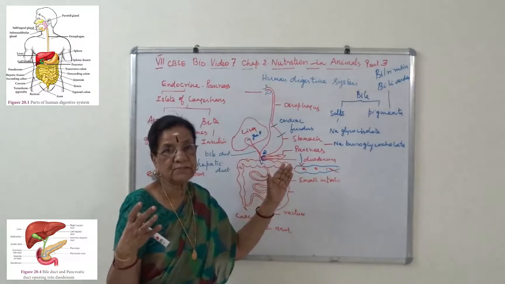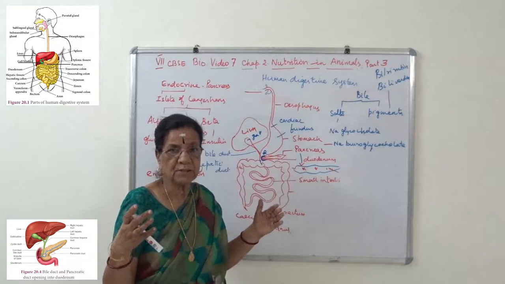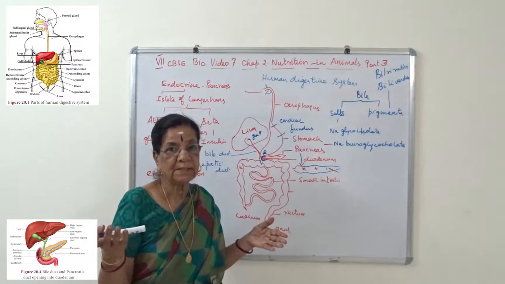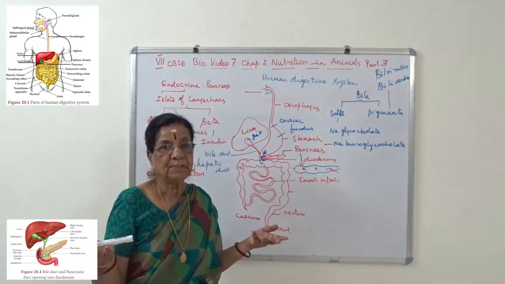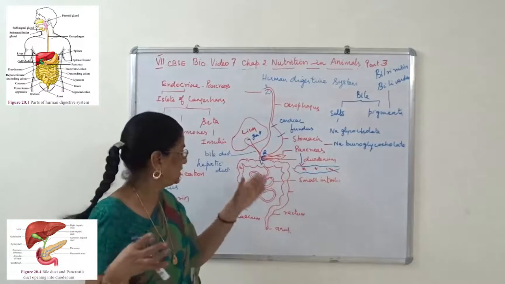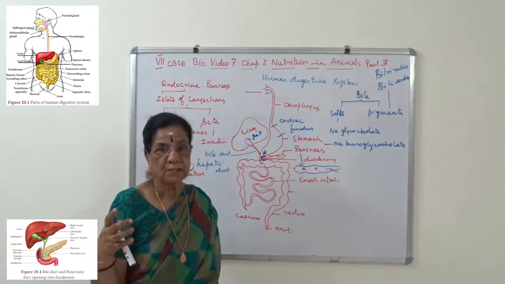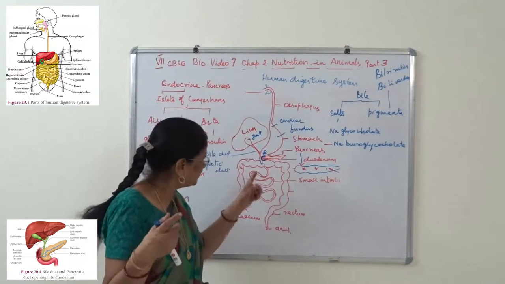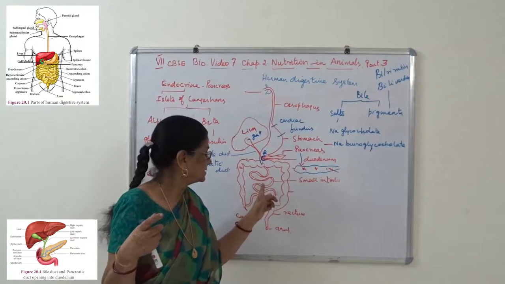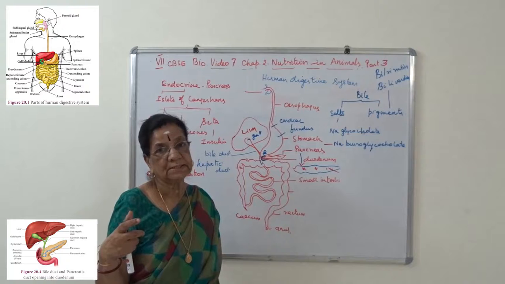Now pancreatic juice: trypsin and chymotrypsin act upon protein, amylase on starch, lipase on fat. The products of digestion reach the duodenum, and from the duodenum through the jejunum they reach the small intestine.